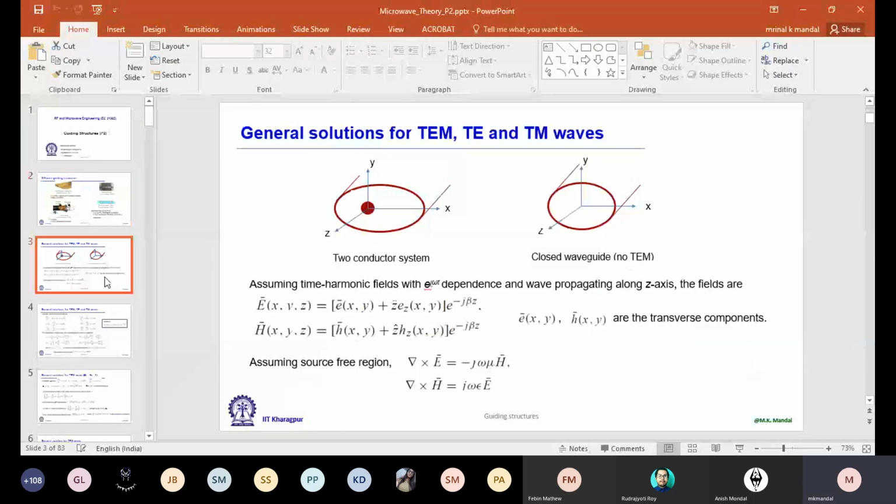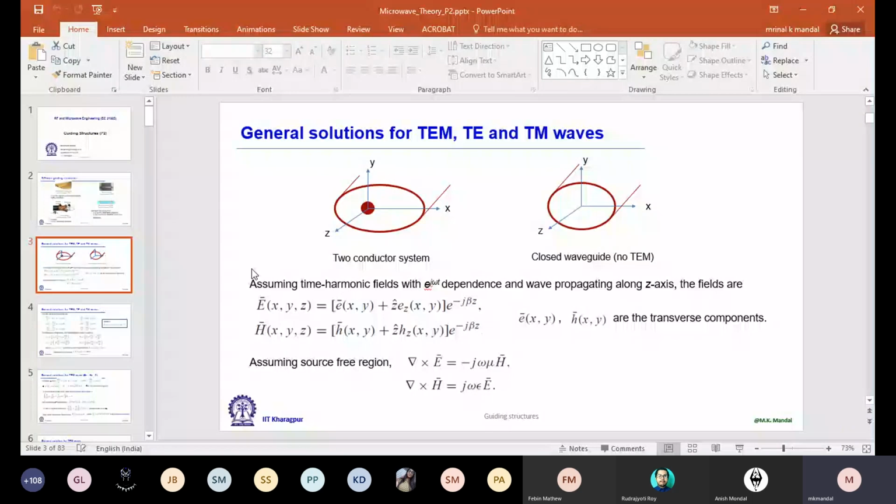Well, so what is our target? I said that in general, we have to find out the electric field and magnetic field distributions and the mode characteristics inside a guiding structure. Now we can have different guiding structures. So let us consider these two different scenarios. One is a two conductor system.